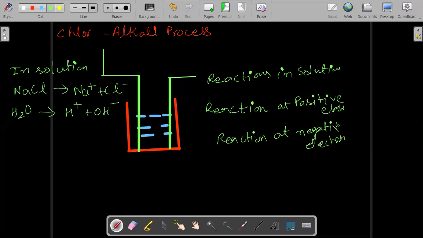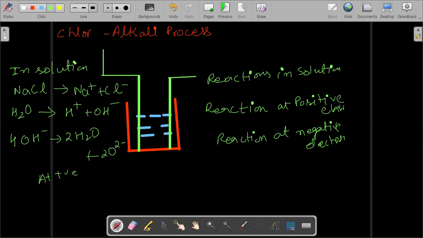If you have 4 hydroxide ions, they combine to give 2 molecules of H2O and 2 oxide ions. So this is the reaction occurring inside the solution. At the positive anode, what happens?